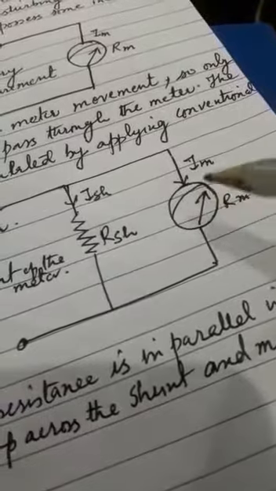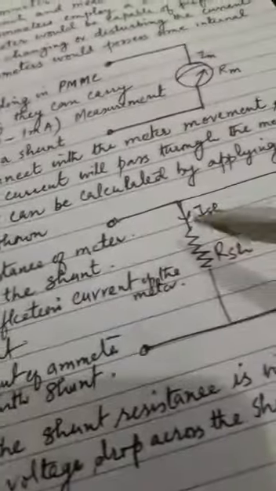So the mathematical relation: the voltage across the meter is equal to the shunt voltage.